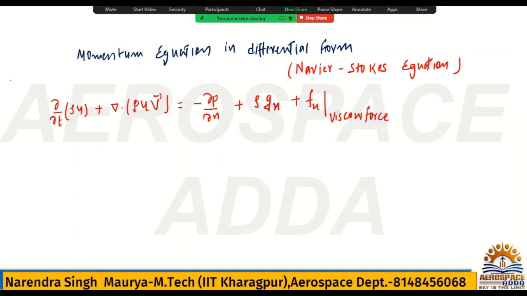So this is basically in the x direction. That's the reason only the u component you are getting here, and in the x component you are getting dp by dx, that is the pressure force.